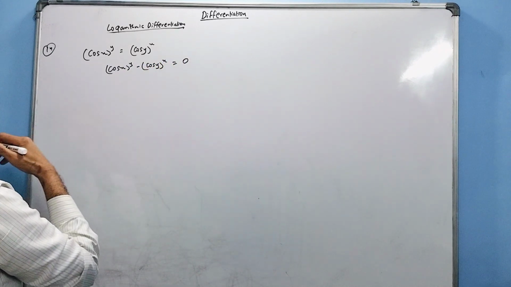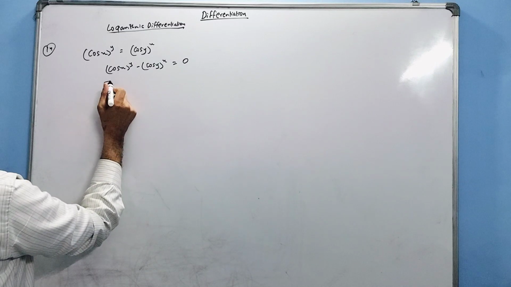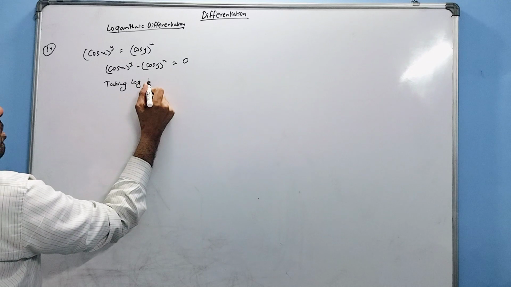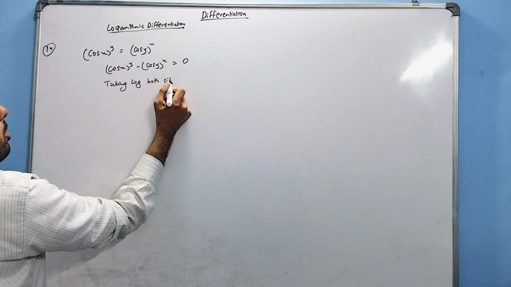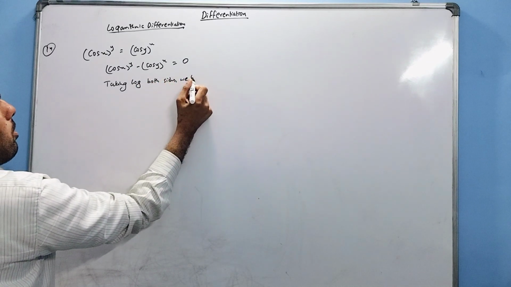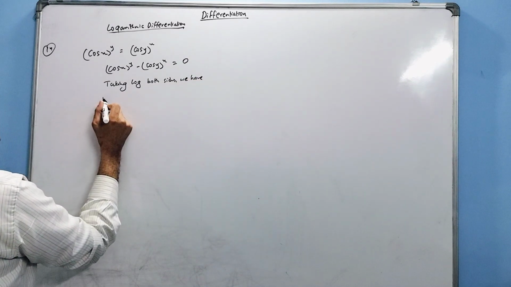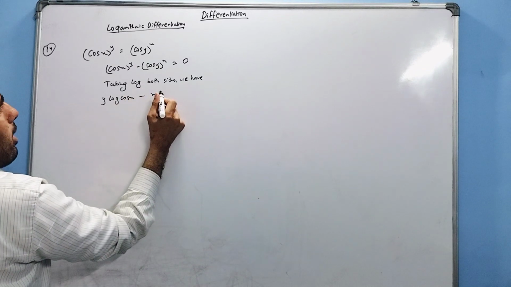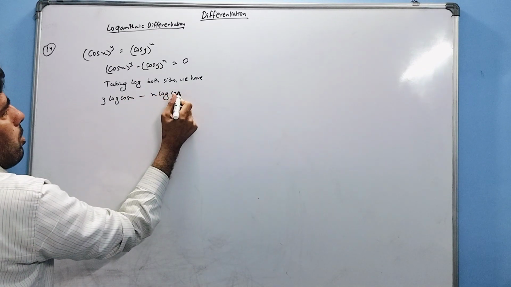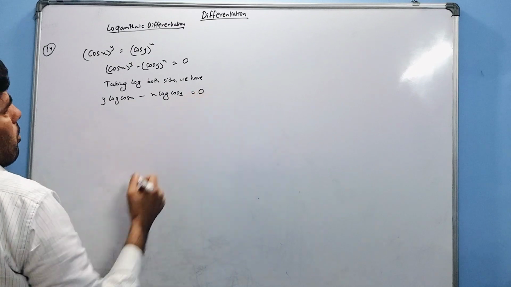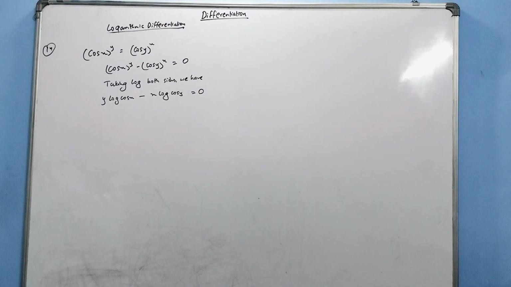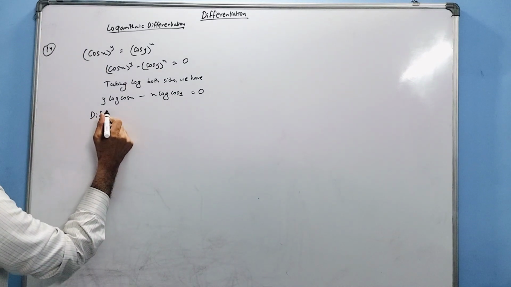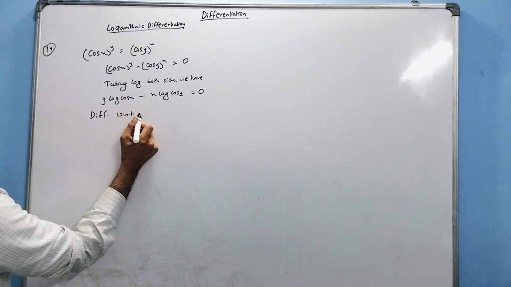Now taking log both sides, we have y log cos x minus x log cos y. So we have taken the log. Now we'll try to differentiate it with respect to x.